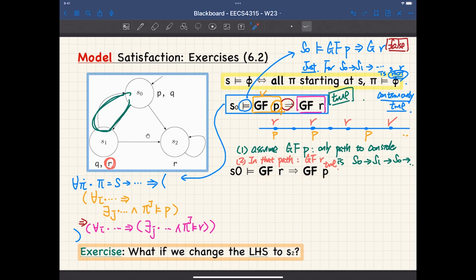Thinking this way, if I have GFR infinitely true, it could be either this one here, or it could also be this one here. But since we want to find just a witness, we can just choose this one here, where infinitely often R is true. But for this particular path, is P infinitely true? No, not really. Okay, so witness.